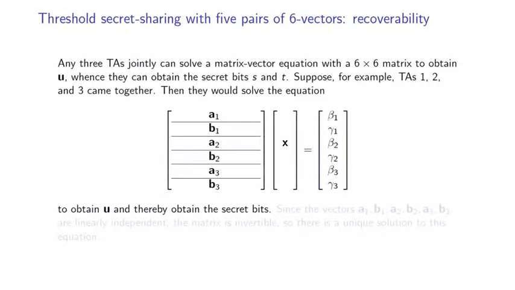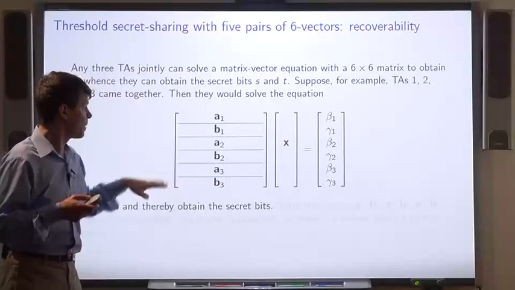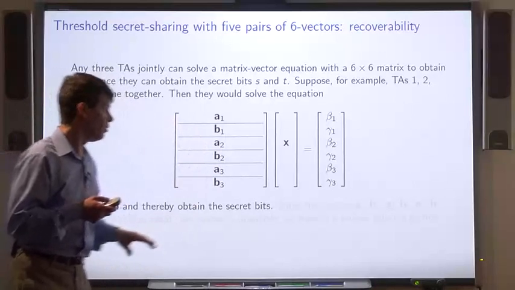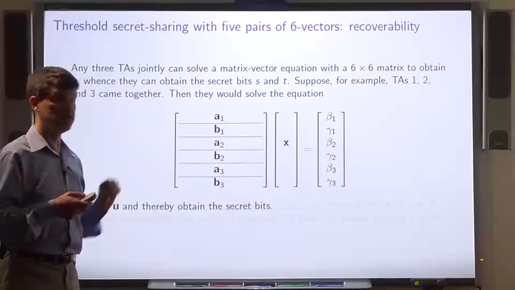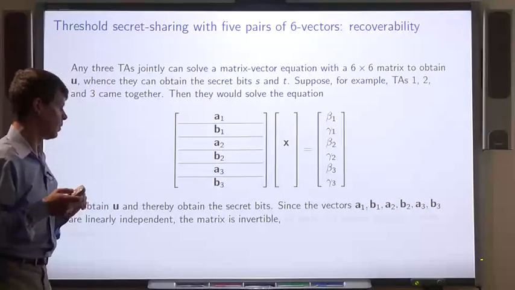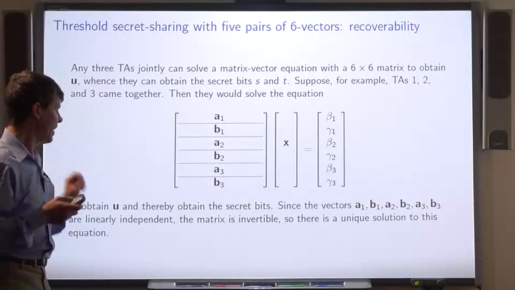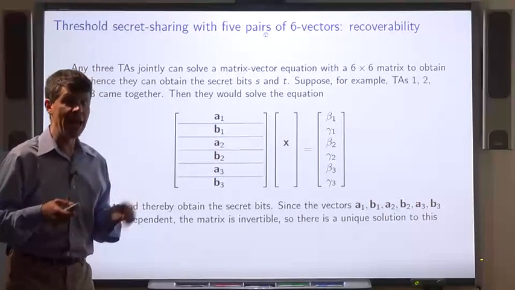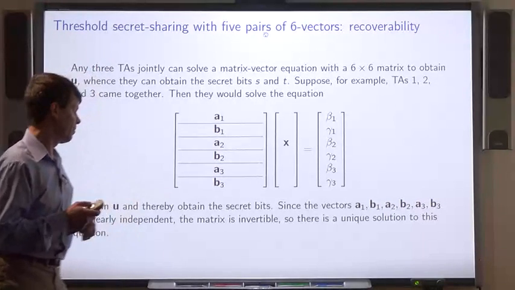Because of the requirement on these vectors, these 6 vectors are linearly independent. And therefore, this matrix is invertible so that there's exactly one solution to this matrix vector equation. That way, they can get the vector U and from that derive the secret bits.